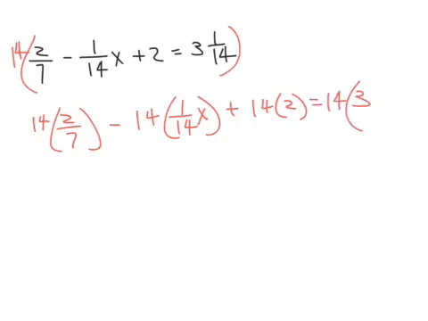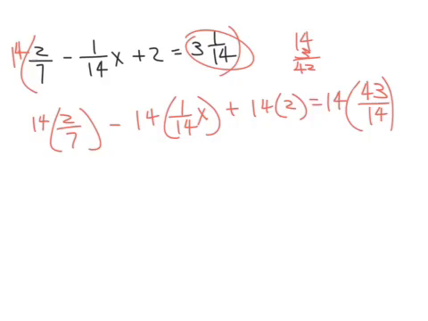All right, we're going to take that 3 and 1/14 and make it into an improper fraction. So 3 times 14 is 42, plus 1 is 43. So that's going to be 43 over 14.